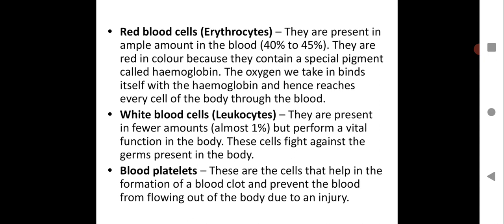If you go for a blood test and find that the WBC count has increased above the normal range, it means there is some kind of infection in the body, some kind of attack of germs or foreign bodies.